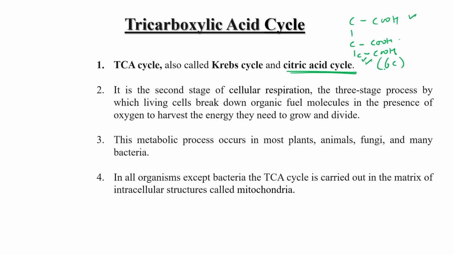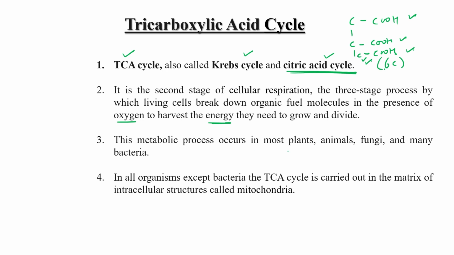Whether it is the TCA cycle, Krebs cycle or citric acid cycle, all 3 are the same. It is the second stage of cellular respiration: first stage glycolysis, second stage TCA cycle. It is a 3-stage process by which living cells break down organic fuel molecules in the presence of oxygen to harvest energy needed to grow and divide.